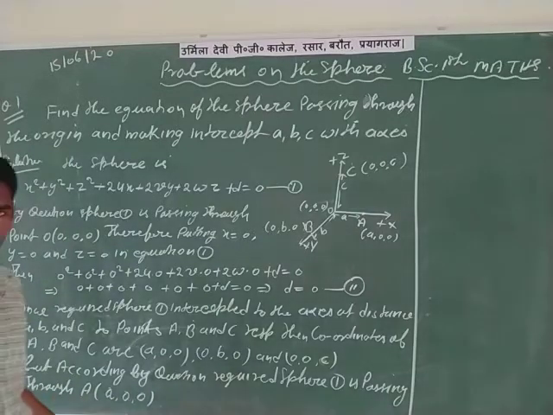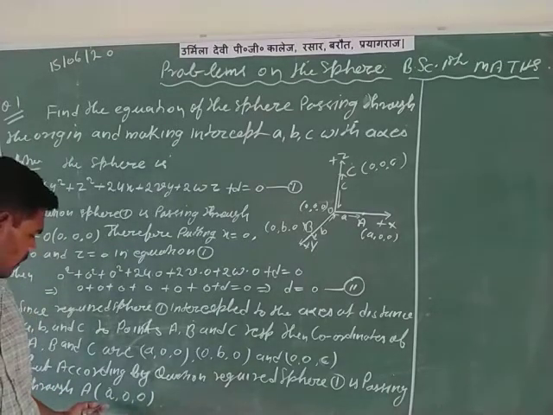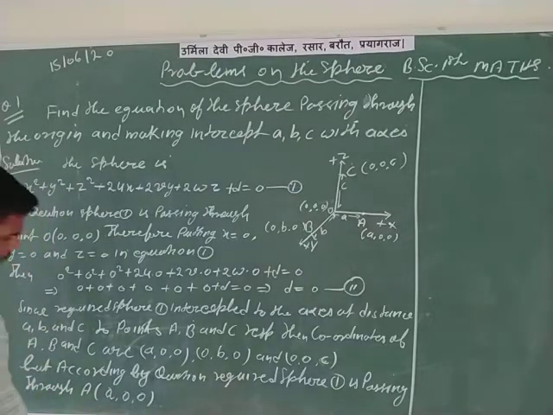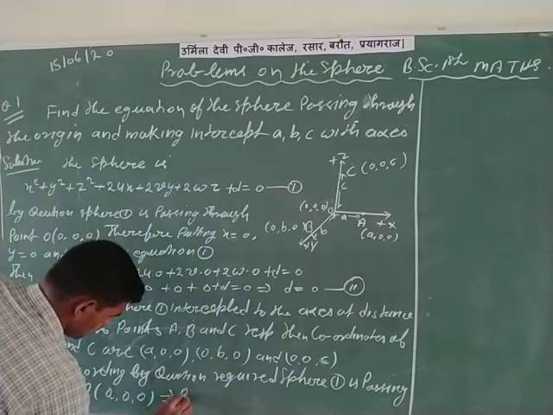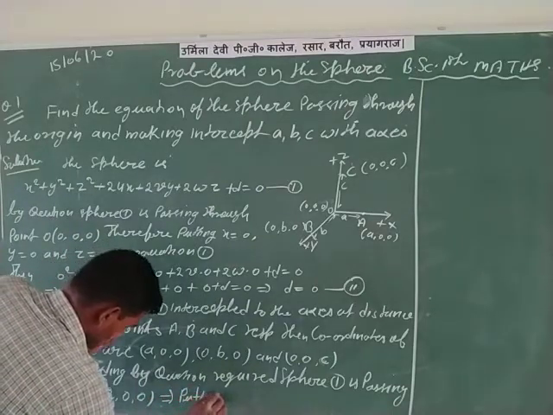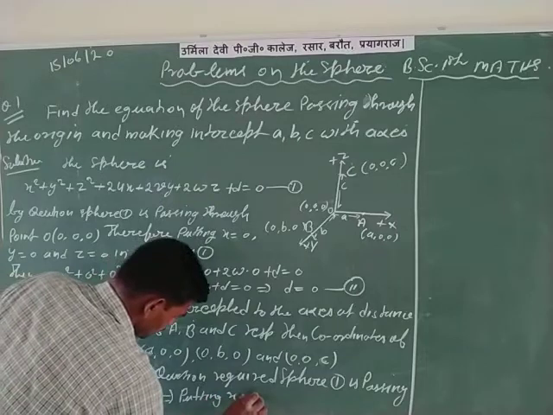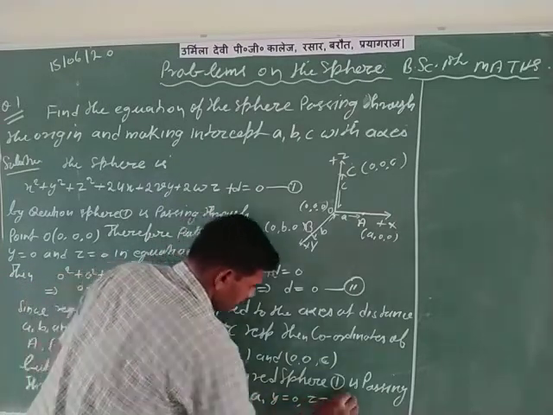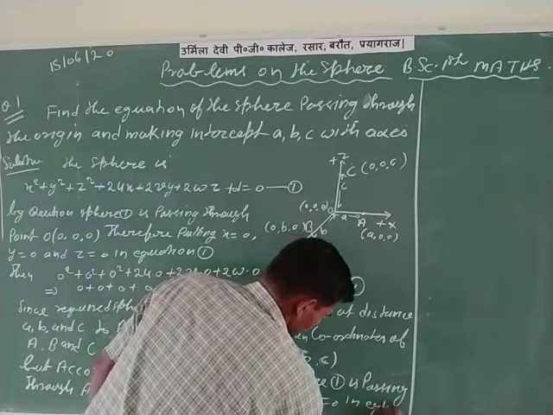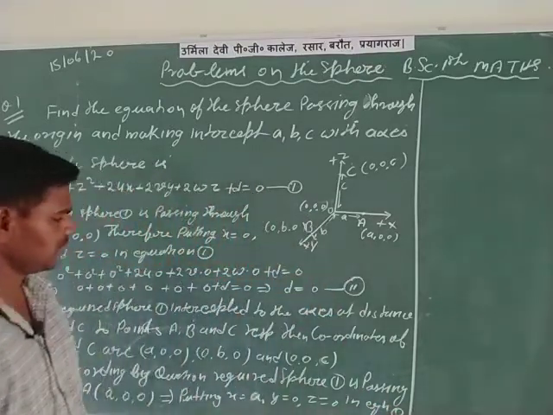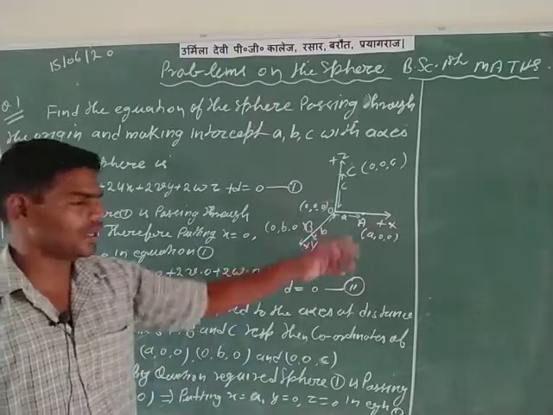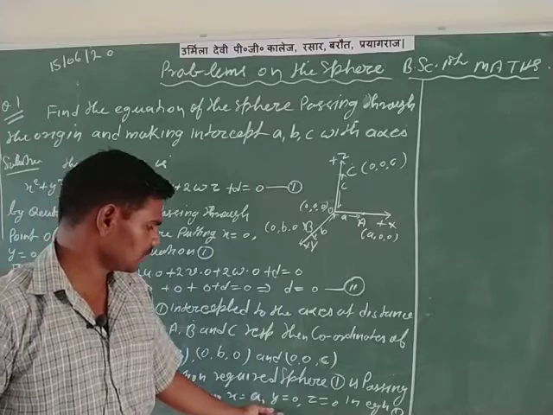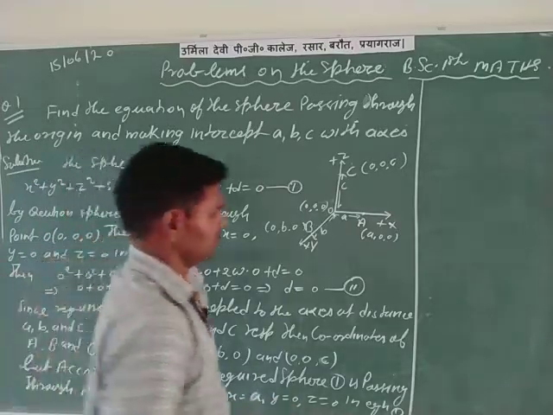Then by definition, putting x equal to a, y equal to 0 and z equal to 0 in equation first, because equation first means the required sphere is passing through the point capital A.